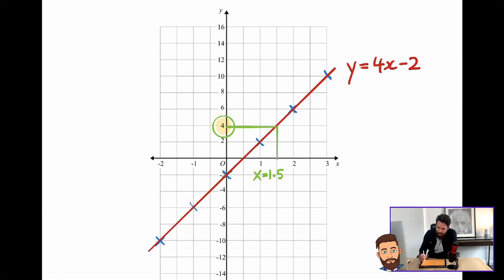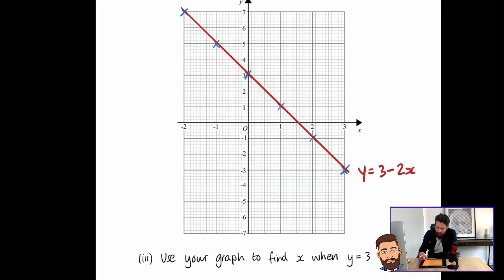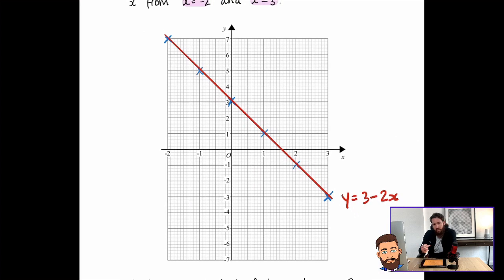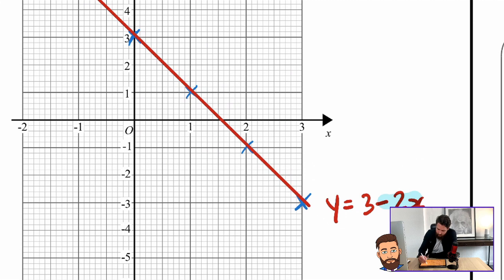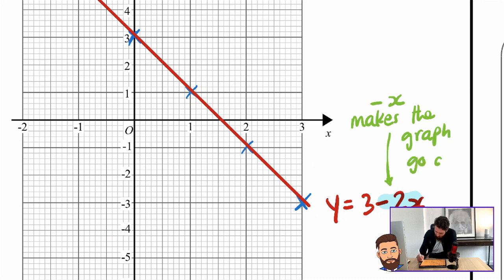So hopefully we can spot a bit of a pattern, and we're going to go into much more detail about this. We might add this note: a negative x makes the graph go down.